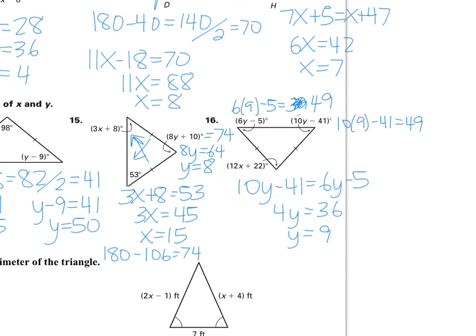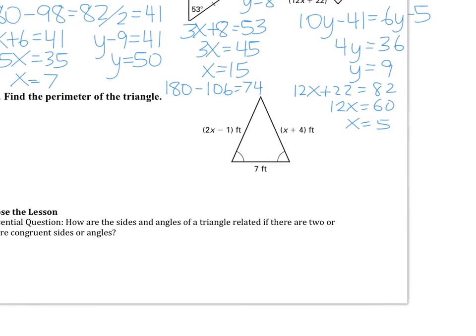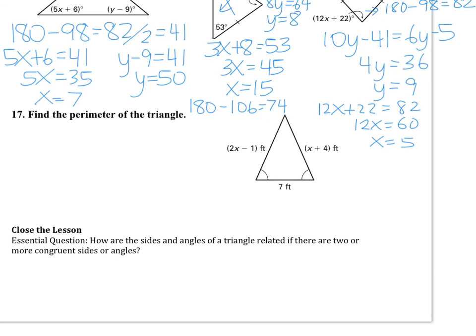So I know this one is 180 minus those two. So 12x plus 22 equals 82. So x equals 5. And the last one, finding the perimeter of the triangle. So it's isosceles.